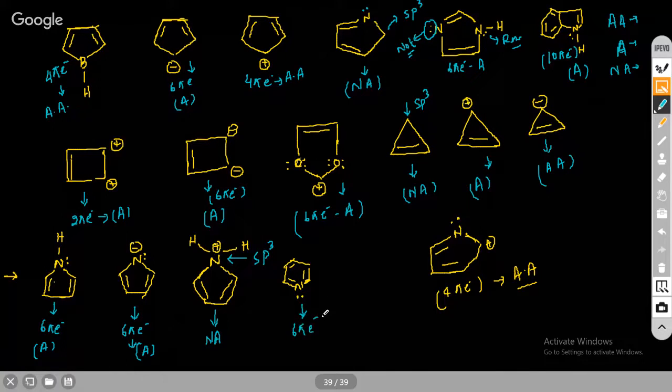I have discussed this many times in the class that this lone pair is not involved in resonance, and that is why this is pyrrole and this is pyridine. The basicity of pyridine is more than that of pyrrole because this lone pair is involved in resonance, but this lone pair is not involved. It is available on the nitrogen atom. Correct. This 6 pi electrons, aromatic. Okay, so must remember this basicity characteristic and aromaticity also.